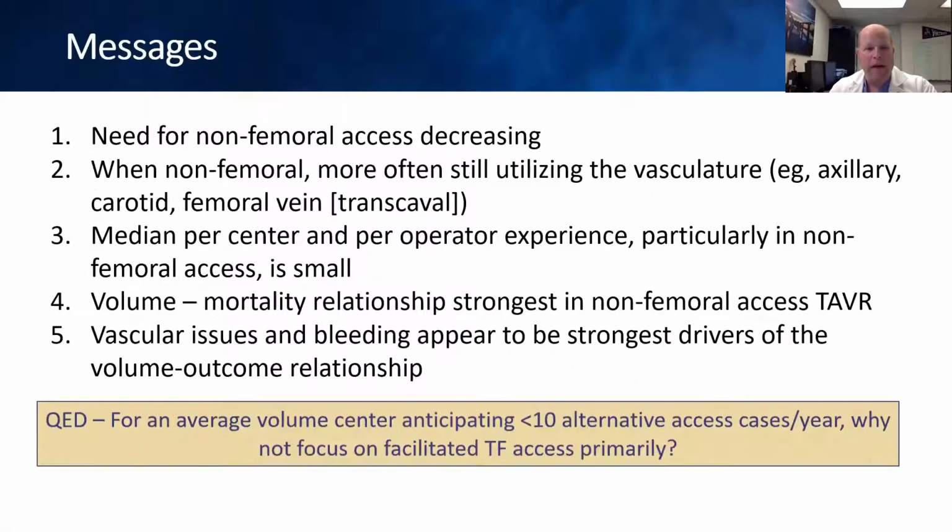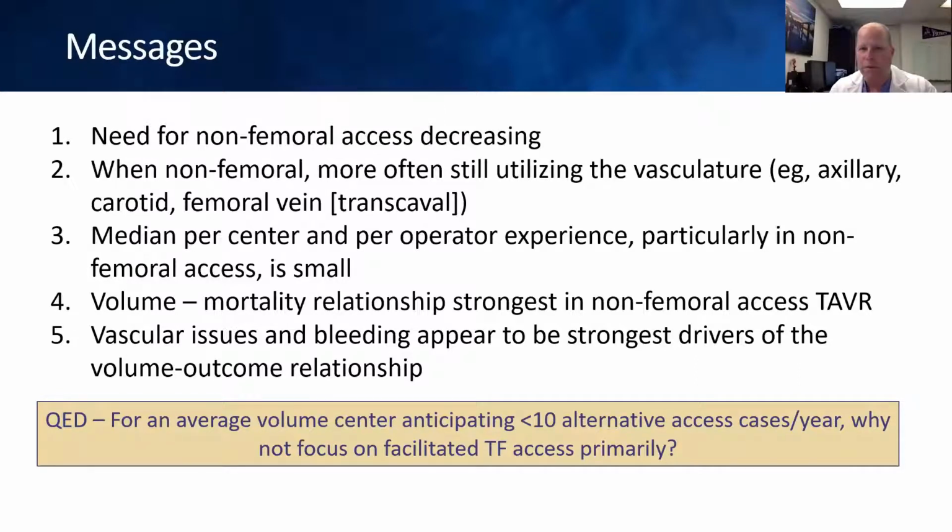On that basis, I think you could say, well, if you're an average volume center and you're going to do perhaps fewer than 10 alternative access cases per year, maybe it's worthwhile to focus more on how to incorporate a facilitated transfemoral access program into your hospital center, where the schematics and the process are all very similar to your standard transfemoral, where your nurses and techs know how things are going to move along because they're fairly standard.